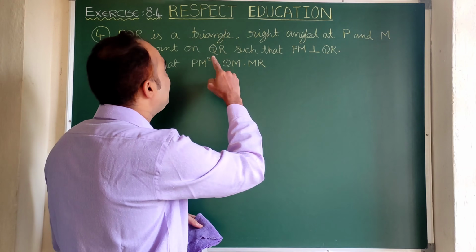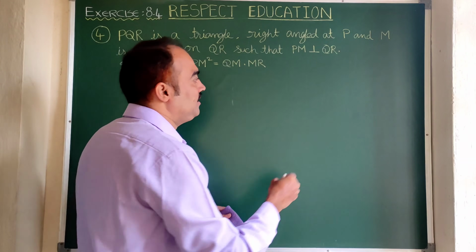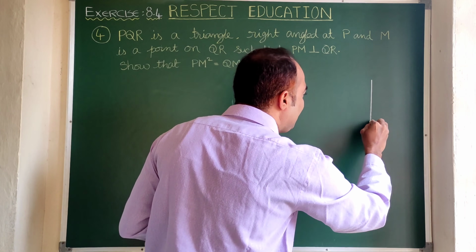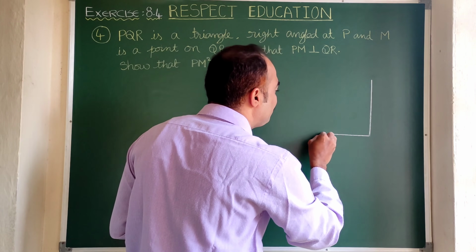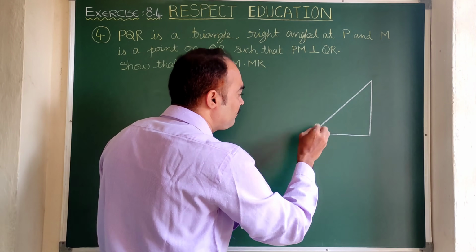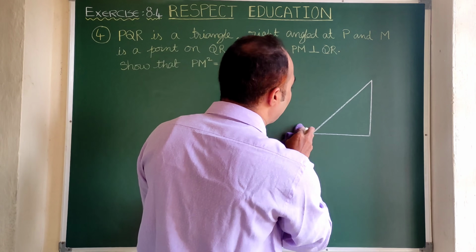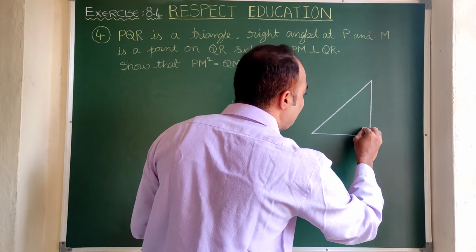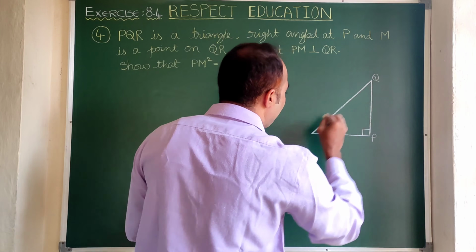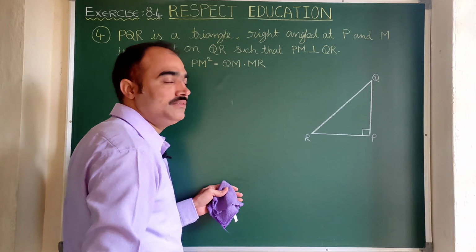PQR is a triangle right angled at P. So here consider PQR a right angled triangle, where right angled at P. So here you can write Q here and R here, right?